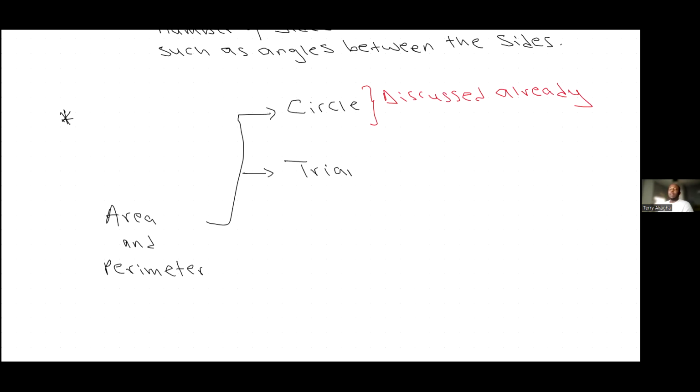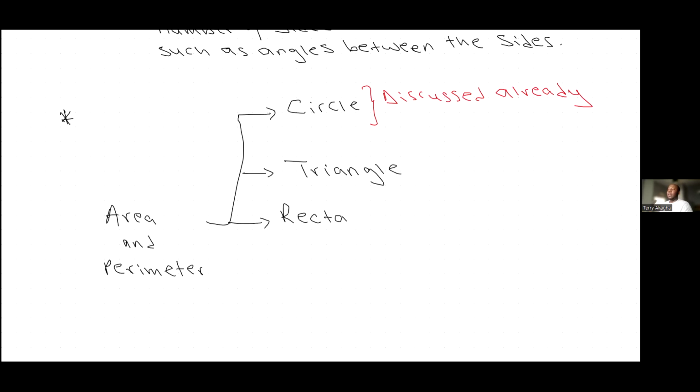Although I've talked about some of this already when I was talking about coordinate geometry, with vertices and stuff, I'm going to repeat it here because it's important. The next part, I'm going to talk about how to find the area and perimeter of a rectangle.